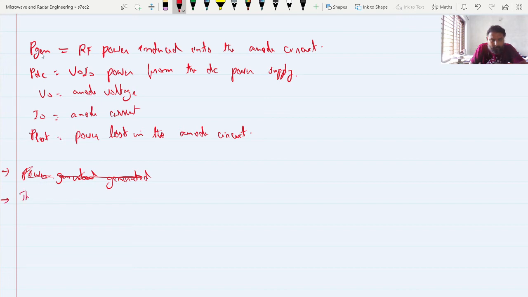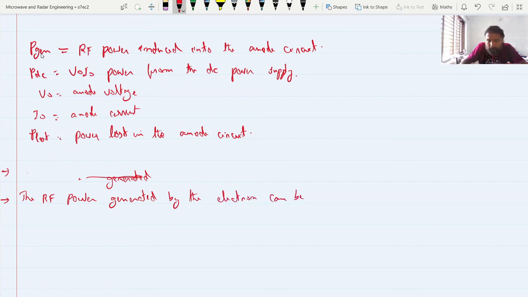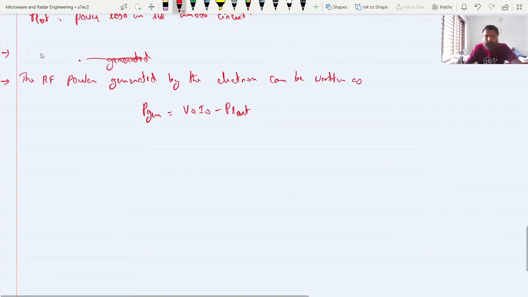That is, the RF power generated by the electron can be written as P generated is nothing but V naught I naught minus P loss.